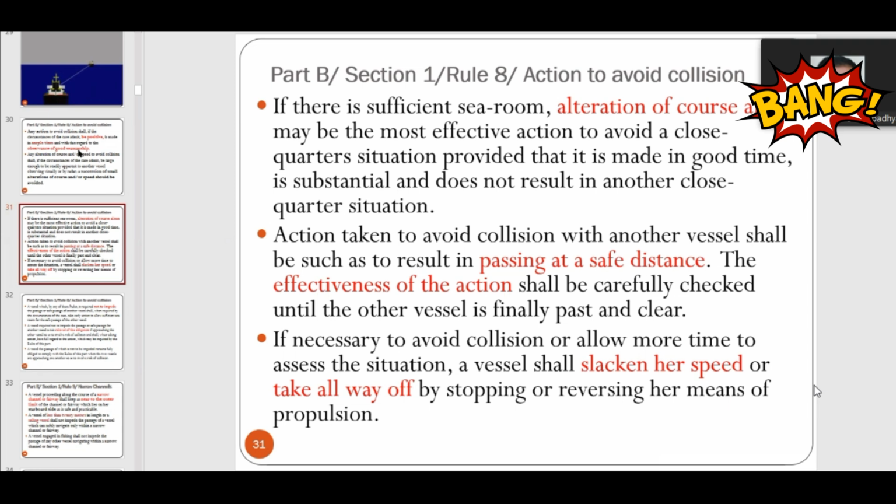But in general, when you talk about safe speed and safe distance, it means this is where the vessel is safe, that risk does not exist.